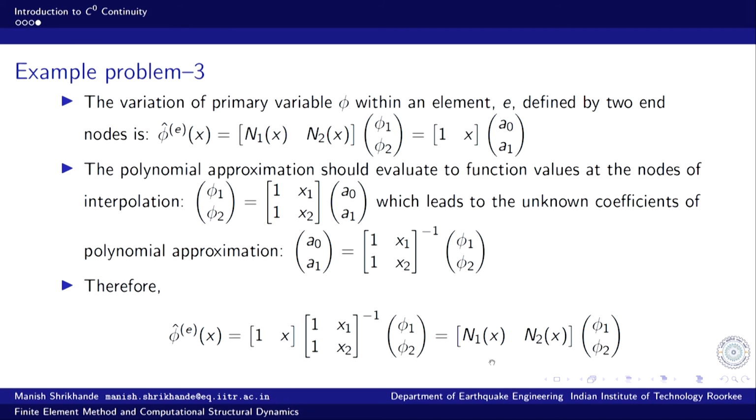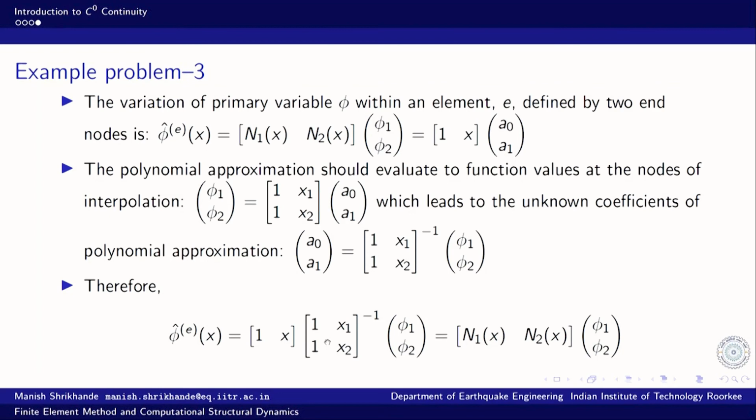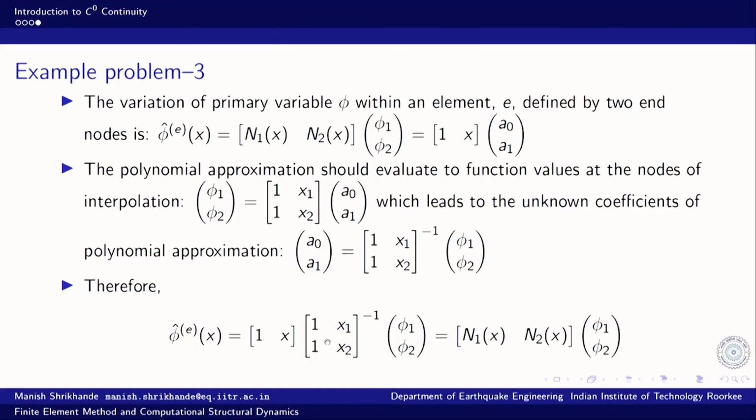So, the matrix of interpolation functions, or shape functions as they are called, can be derived as a product of the polynomial terms P and C inverse, that is the inverse of the matrix of coordinates. This is how we can generate the interpolation model. Now, these interpolation functions N1 and N2 can be evaluated given the coordinates x1 and x2.